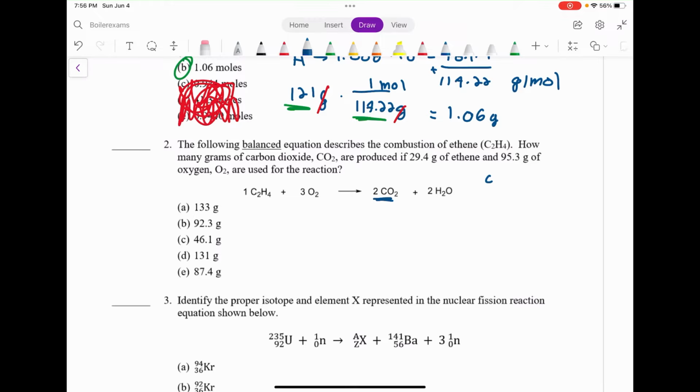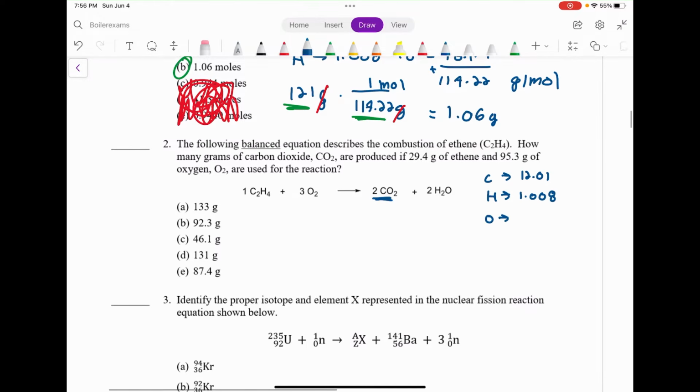Carbon is 12.01. Hydrogen is 1.008. Oxygen is 15.99. Okay, and then for ethane, we're going to have 2 times 12.01 plus 4 times 1.008.